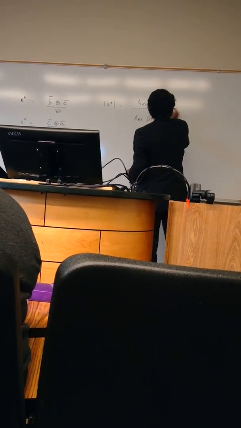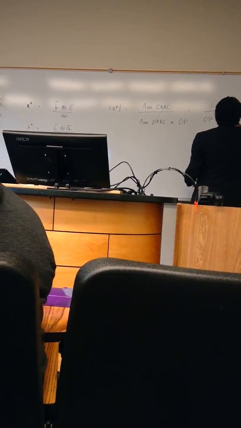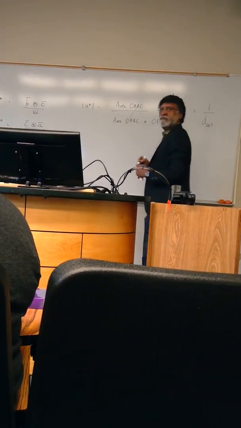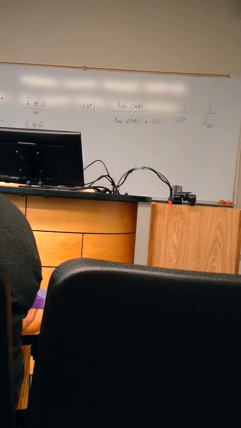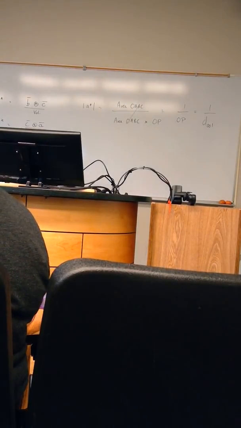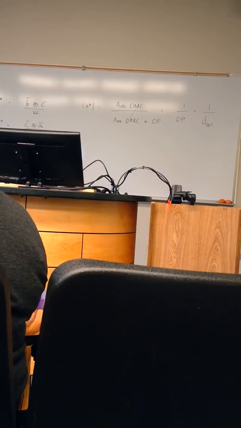Therefore this cancels out to 1 over OP, and that is 1 over d. So the magnitude of a star is the reciprocal of the distance. This is what we said before, and now we're just showing it mathematically. And so this is the general form for the reciprocal lattice.